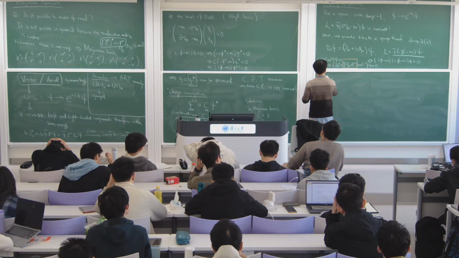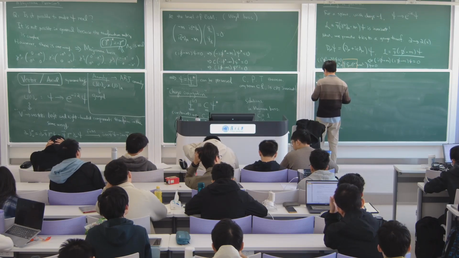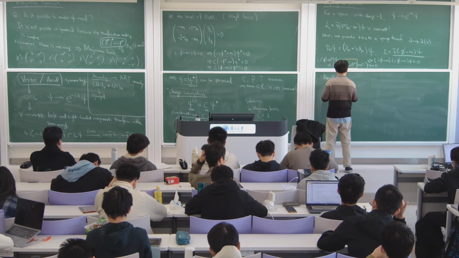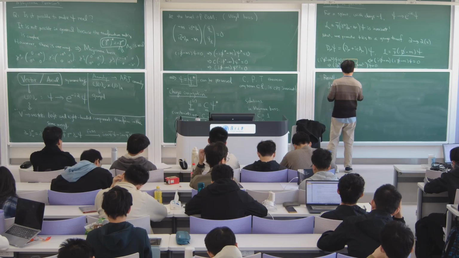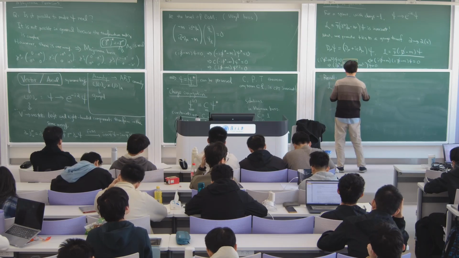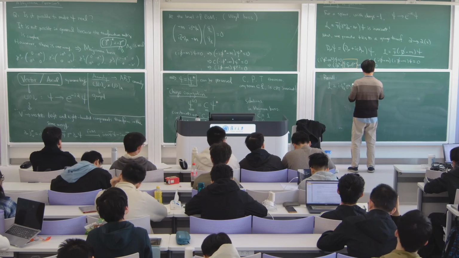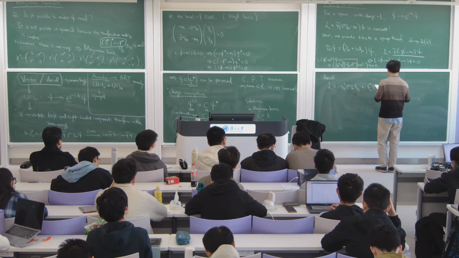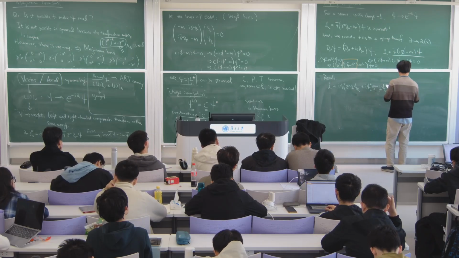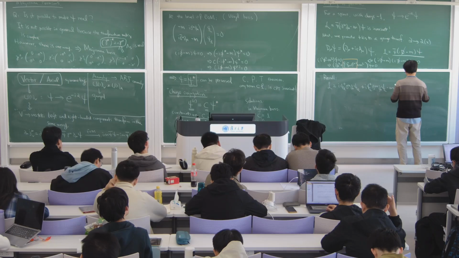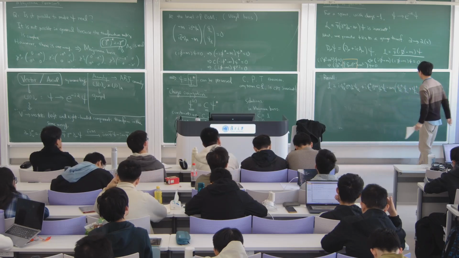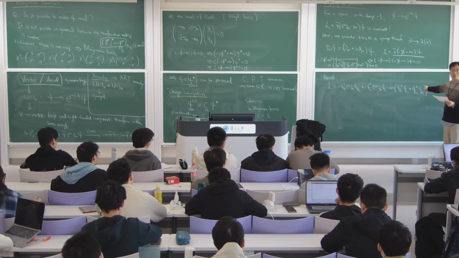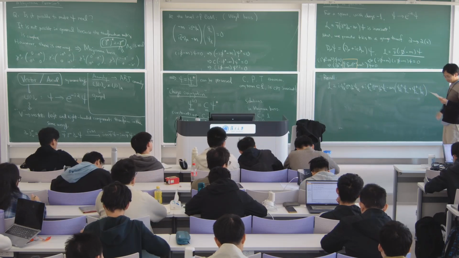If you still remember, we found a particular construction like i psi_R dagger sigma^mu partial_mu psi_R. Let me write this down. In terms of Weyl fermions, this is a good candidate, a good Lagrangian.